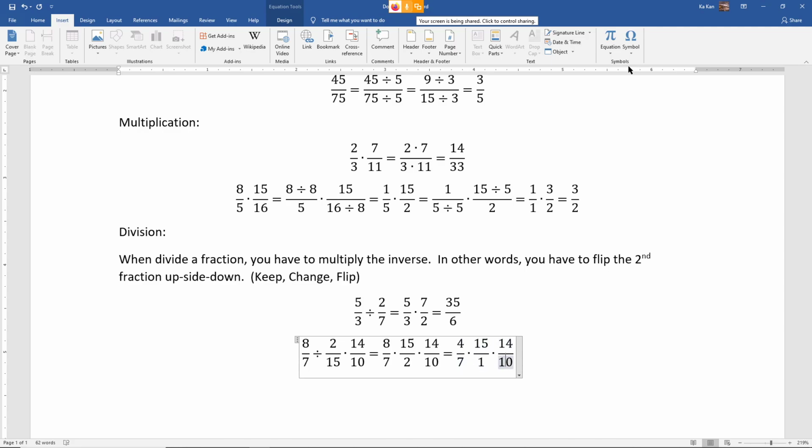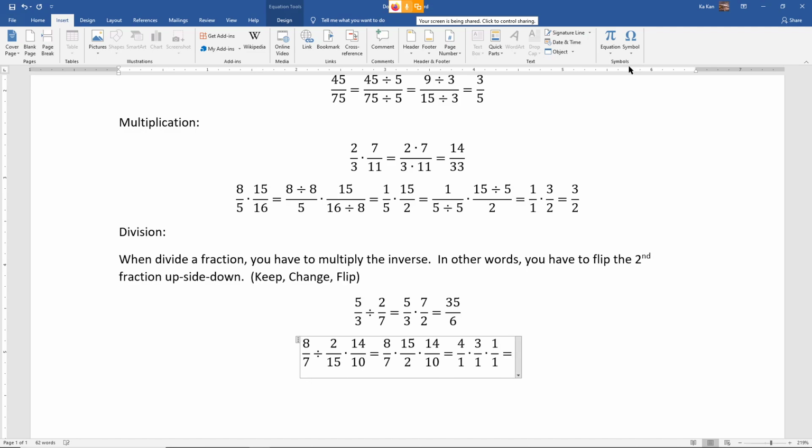What about the 10 and the 15? 10 and 15 can be divided by 5, so that's 2, and that becomes a 3, right? 2 goes into 14 7 times, so that's 1, and that's 7. And look at the 7 and the 7. You have 2 7s, so 7 divided by 7 is 1.